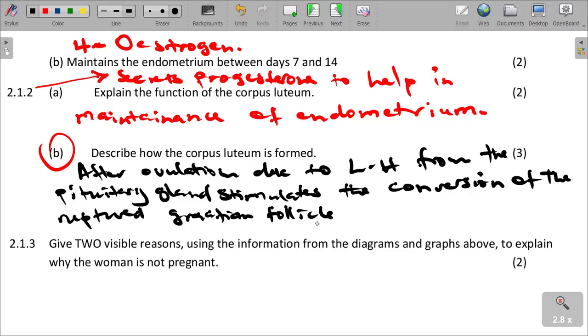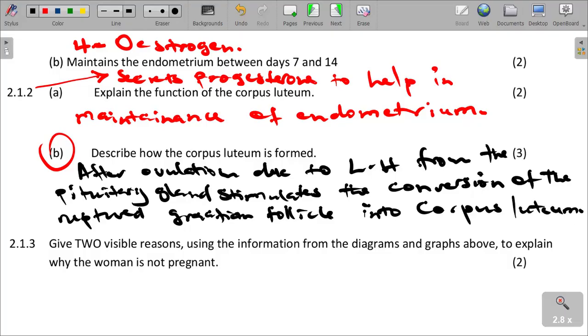So now what you need to know is that the ruptured graafian follicle is converted into corpus luteum.